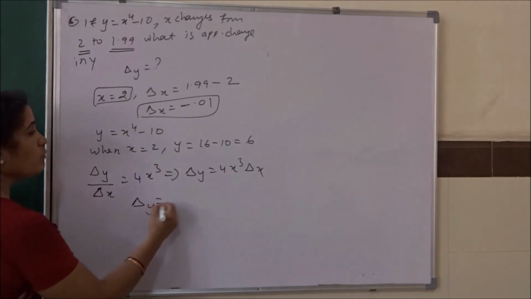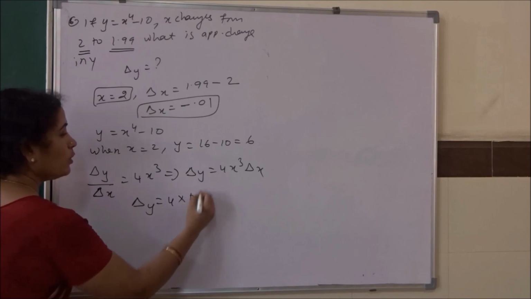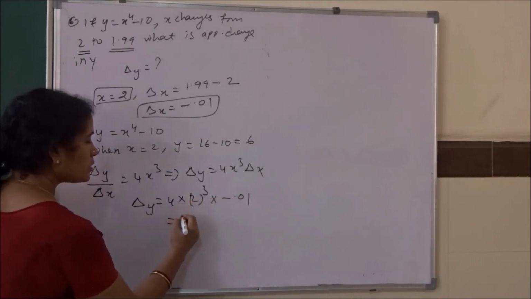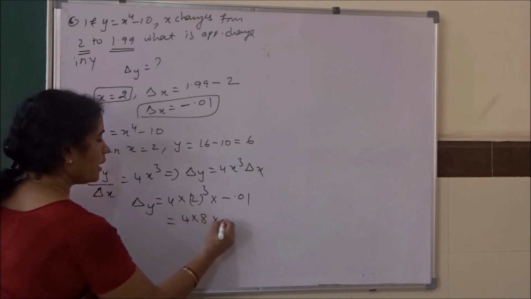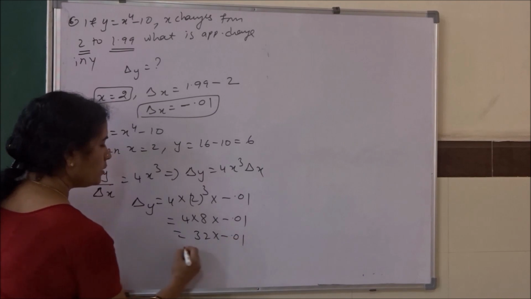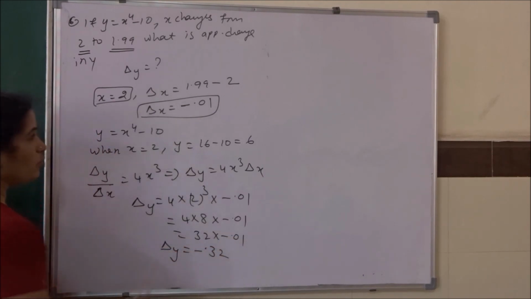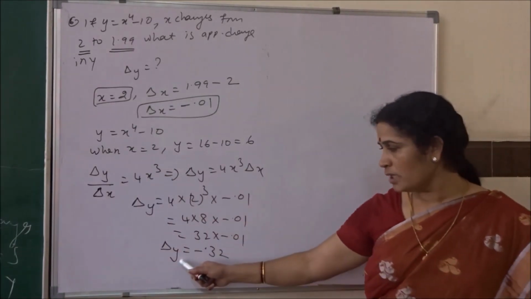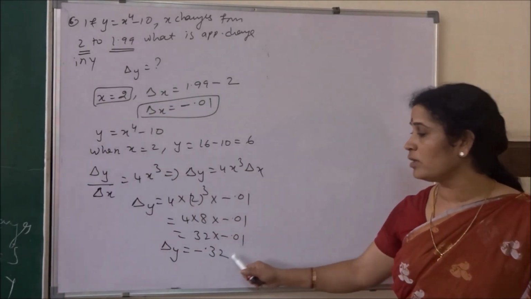So delta y equal to 4 into 2 power cube into delta x, minus 0.01. So that is 4 into 8 into minus 0.01. That is 32 into minus 0.01, equal to minus 0.32. That is delta y. Okay, fine. So the approximate change in y is minus 0.32.